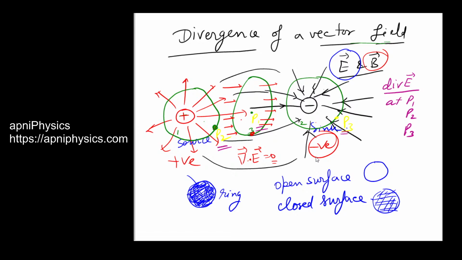So this is just an idea of divergence in electricity and magnetism, and then afterwards how we can define all these things. Might be this information will be useful to you to get an idea.